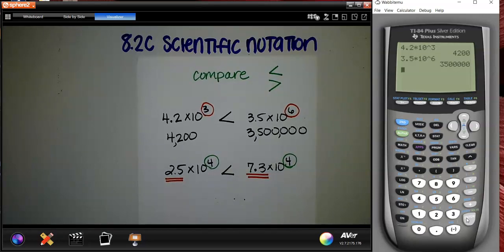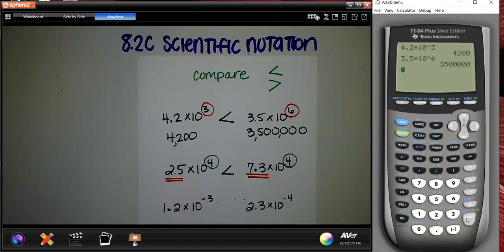Okay, what if the exponents were negative? So what if I said 1 and 2/10 times 10 to the power of -3? And what if then I said 2 and 3/10 times 10 to the power of negative, let's say, 4. Okay, now with negative exponents, you have to be really careful because, again, you're working on the opposite side of the number line.